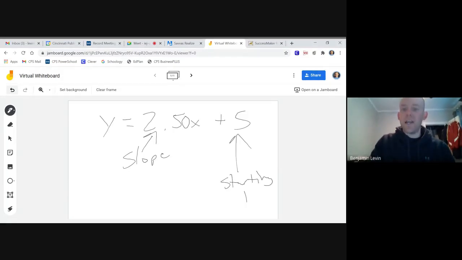Well, both of these things are in dollars, right? It costs $2.50 a toy, and this is $5. So what this really represents is the starting point, which is the cost to turn on the machine, right? It costs $5 just for them to turn on the machine. And sometimes, you know, the machine has to be booted up.